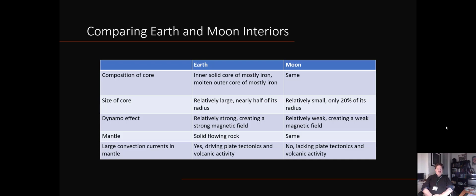The mantle is semi-fluid rock, both in the Earth and the moon. We have plate tectonics and volcanism on the Earth because the Earth is geologically active. Spoiler alert: geologically active means we have ongoing volcanic activity.